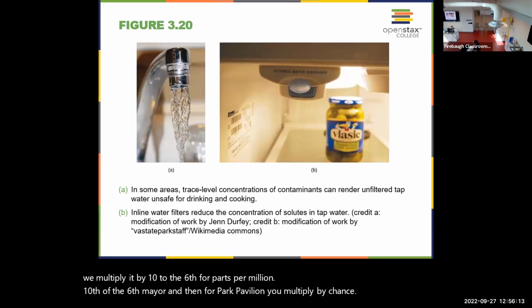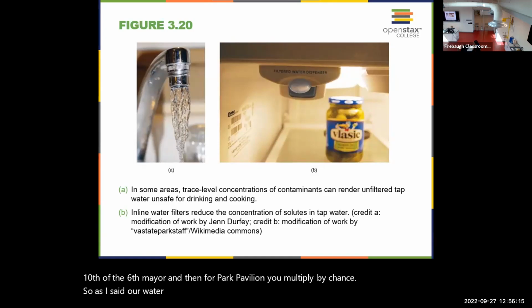Okay, so as I said, our water system is not safe.